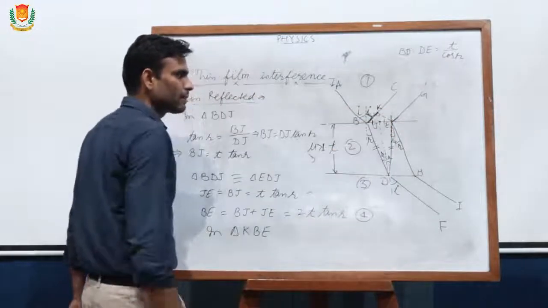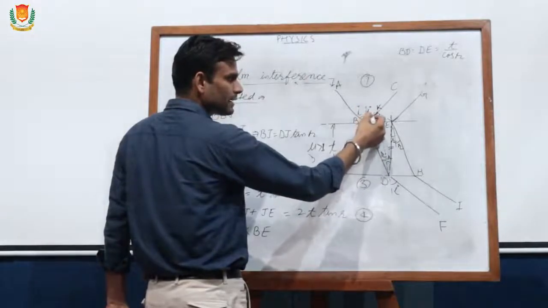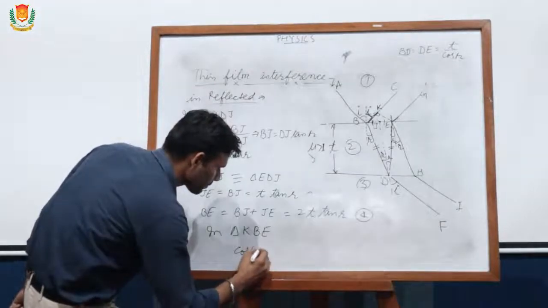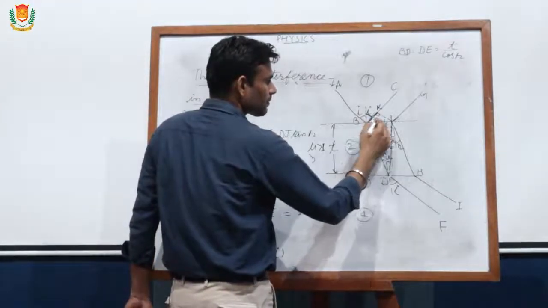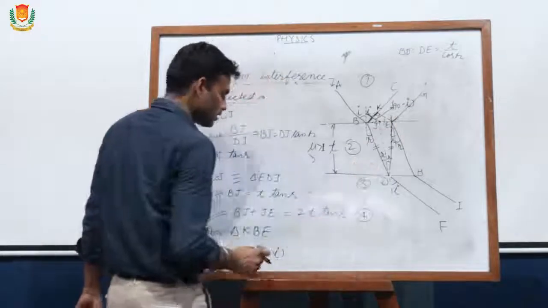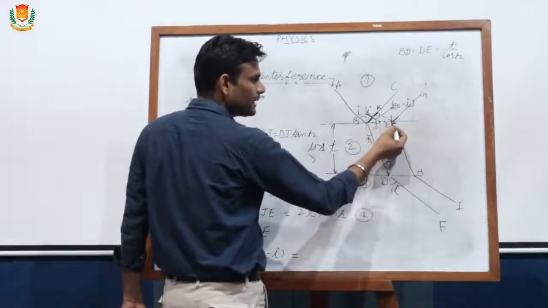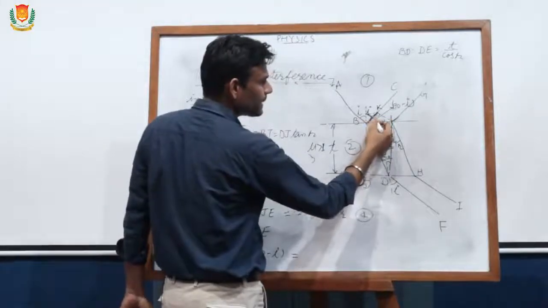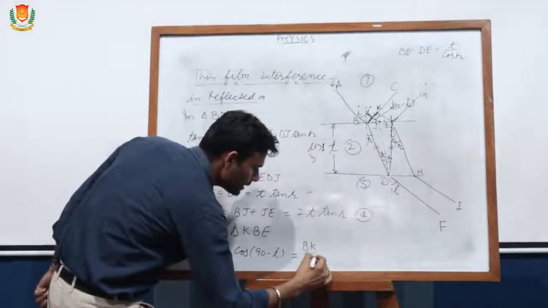We draw a perpendicular here, since this is also a normal here, so this is I, and this angle is 90 minus I. So cos of 90 minus I is equal to, cos is base upon hypotenuse, so base is BK and hypotenuse is BE, BK upon BE.